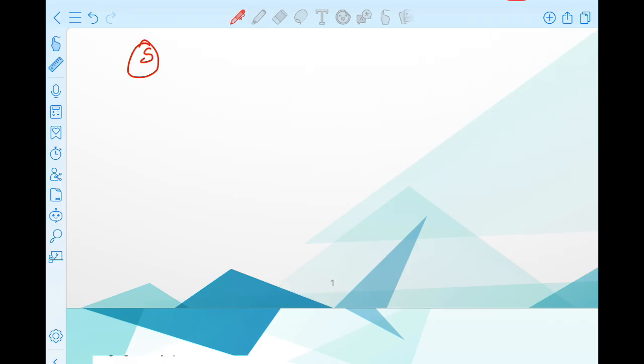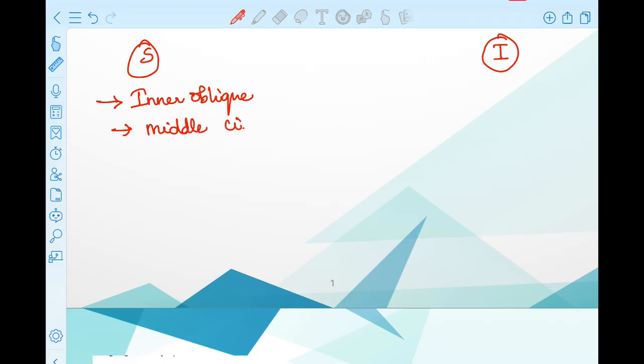I'll write S for stomach and I for intestine. The stomach has got three smooth muscle layers: an inner oblique layer, then a middle circular layer, and an outer longitudinal layer.